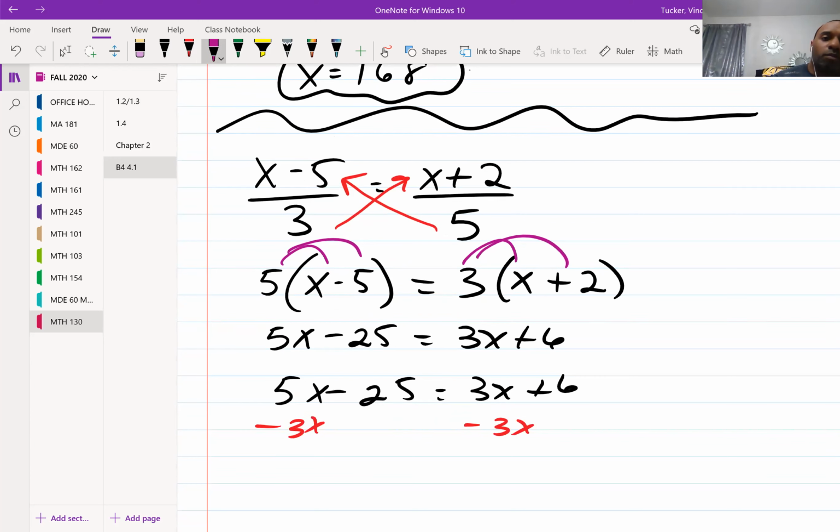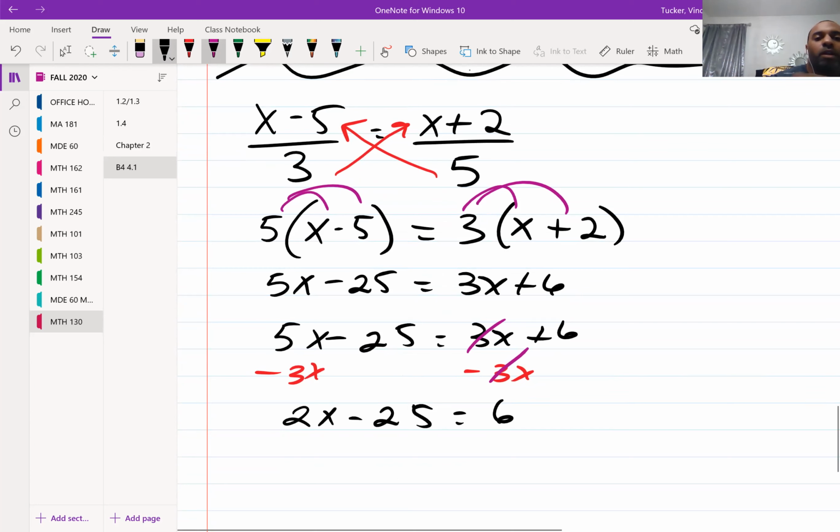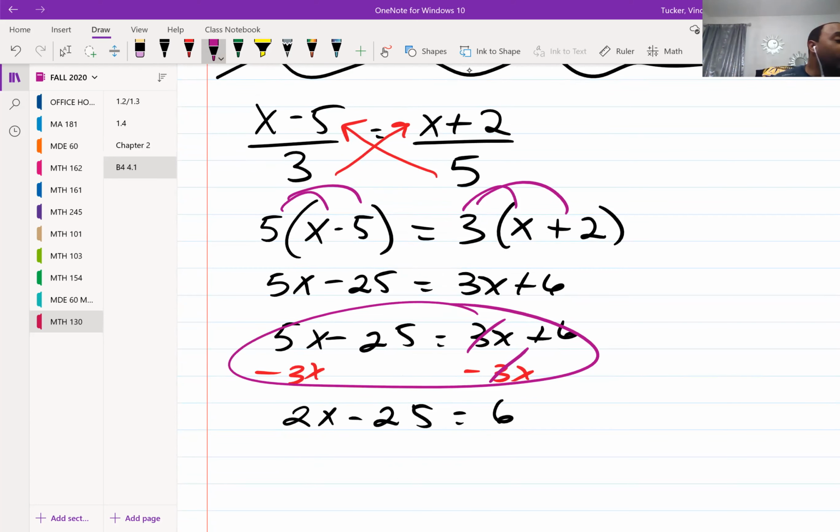All right, minus 3x from both sides. Remember, your goal at this point is to get each term with x on one side, each term without x to the other. So I decided to subtract 3x from both sides.